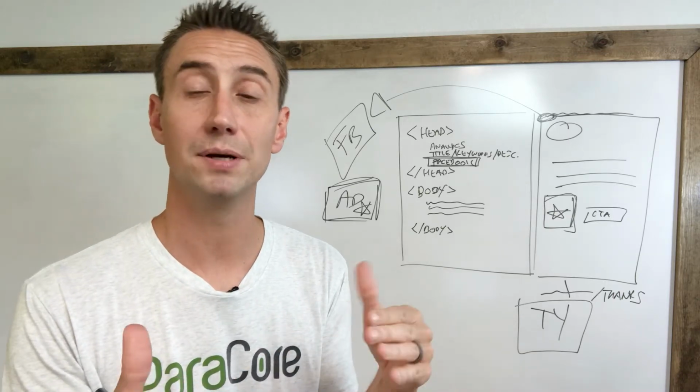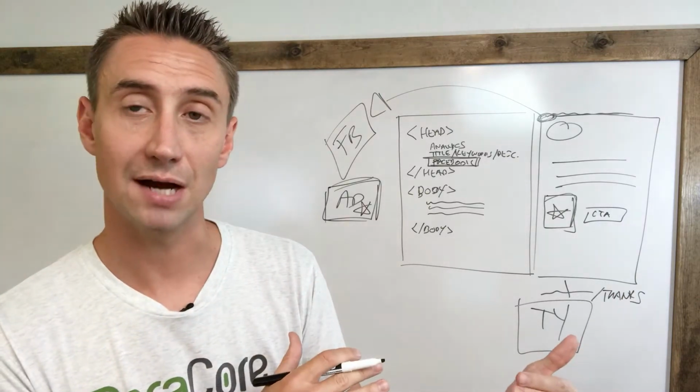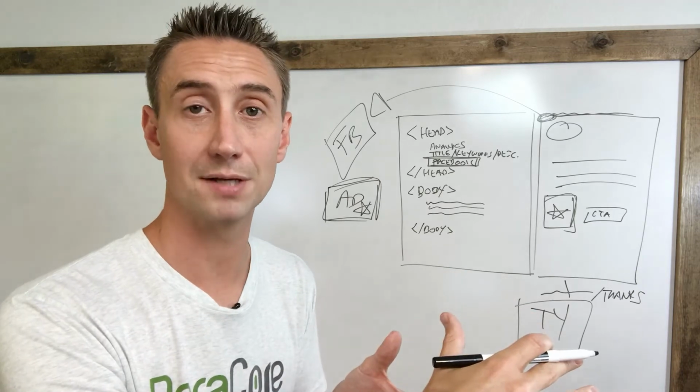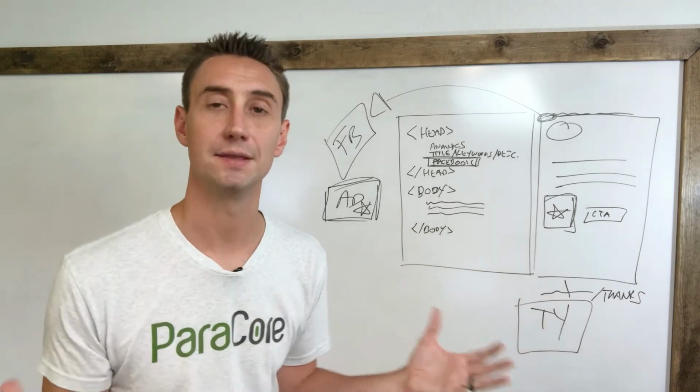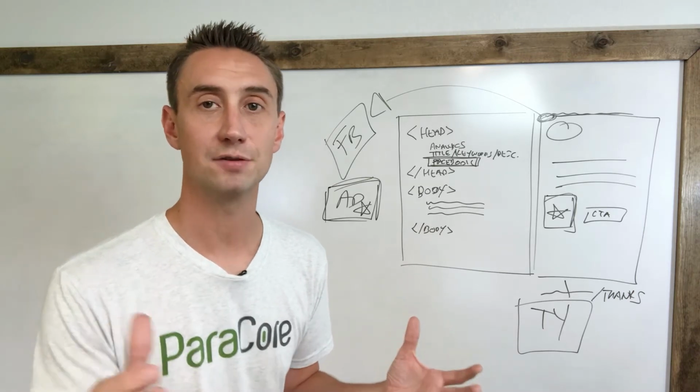You can build lookalike audiences off your website traffic or off a particular segment of your website traffic. There's just tons of stuff you can do, and we're going to talk about everything related to pixels in this group of videos.